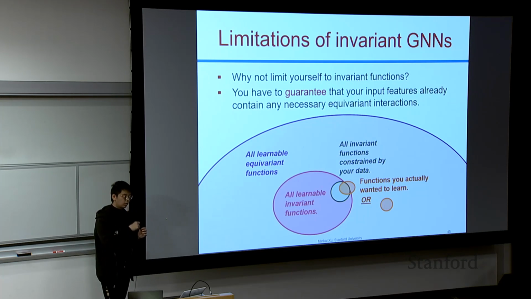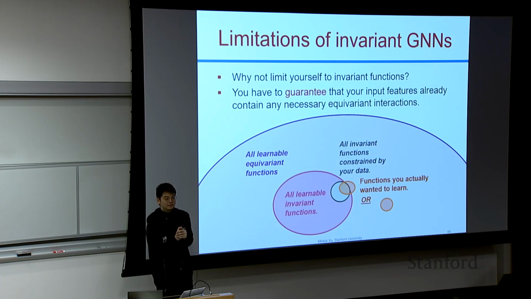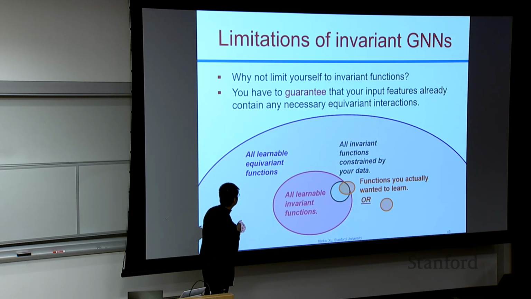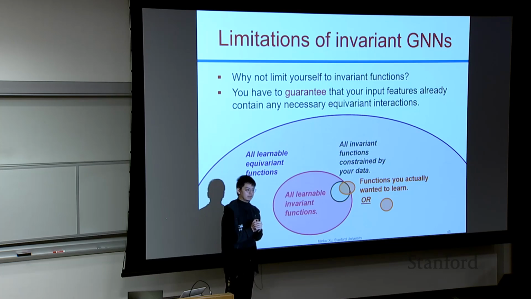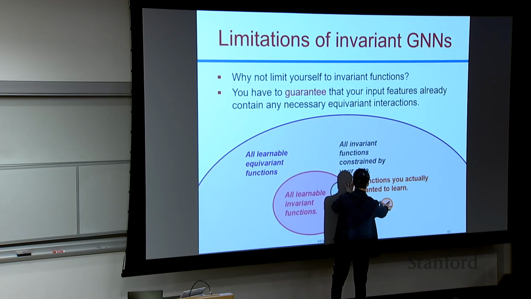Okay, so another motivation for why we are not satisfied with just the invariant graph neural network. We have a class of all the neural networks that can fully capture all the geometric information, and what we want is the orange part.